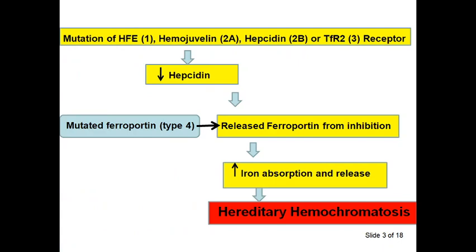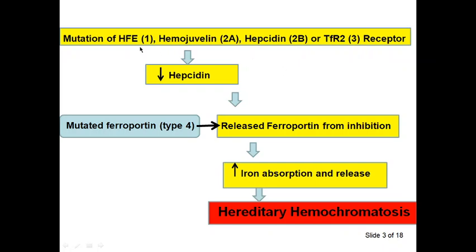This figure will summarize the different causes of hereditary hemochromatosis. As we see here, it could be due to mutation of the HFE gene, which is type 1, or hemojuvelin, type 2A, hepcidin, type 2B, or transferrin receptor type 2, as in type 3 hereditary hemochromatosis.